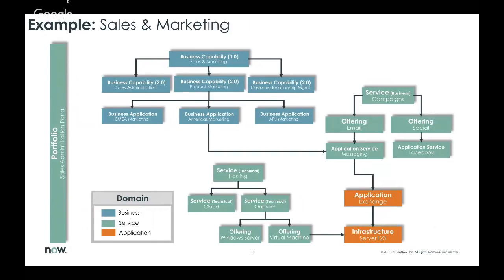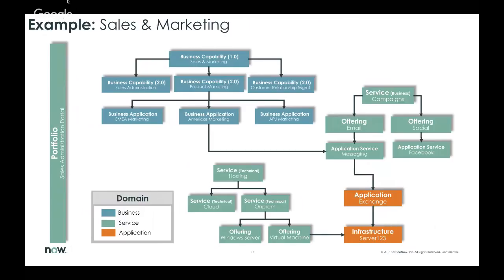Yes, thank you, Lisa. Okay, the next example is sales and marketing. In this case, we've got the top level parent capability as sales and marketing. We've got sales administration, product marketing, and customer relationship management as the leaf node capabilities. And again, you can take these down basically 6 layers if need be in your organization. And then business application is, in this case, we did a little bit of a different shift of business application to show how it can be changed based on your needs.